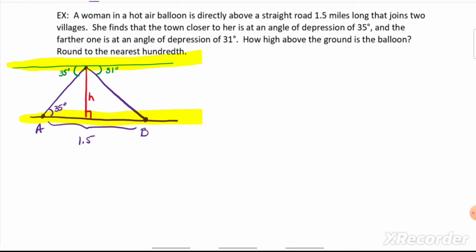A similar thought now looking at this transversal going from the balloon to our village B. Again, alternate interior angles are congruent, so that's going to make this angle at village B 31 degrees.